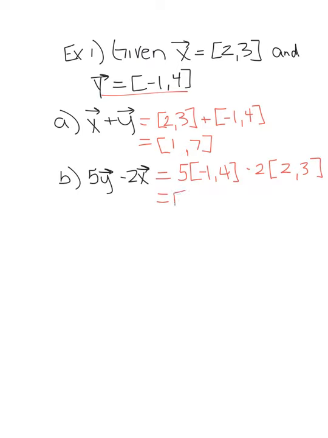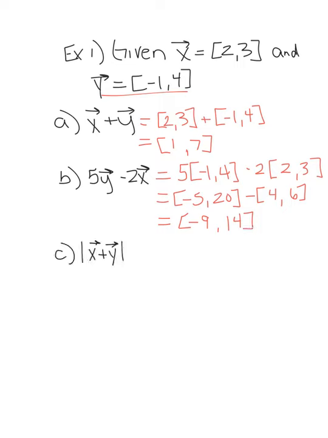So 5 times negative 1 is negative 5, 5 times 4 is 20, minus 2 times 2 is 4, 2 times 3 is 6. And then subtract each of these components. So negative 5 subtract 4, negative 9, and 20 subtract 6, 14.